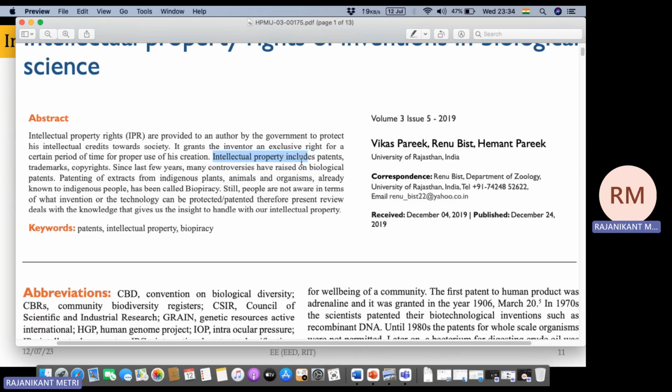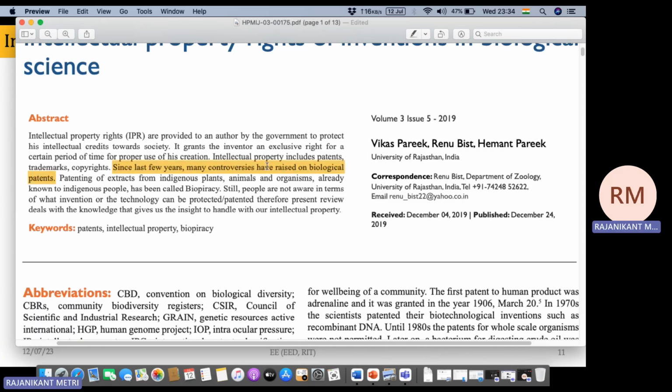Intellectual property includes patents, trademarks, copyrights, trade secrets, designs, industrial design. Since last few years, many controversies have been raised on biological patents, so this is important.